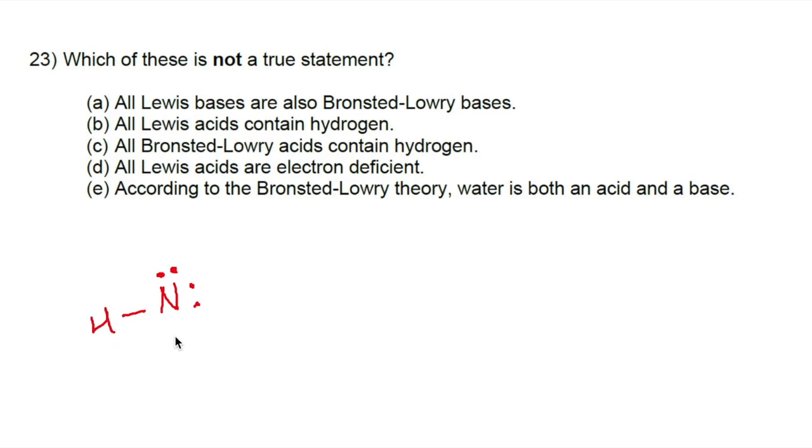Actually, not negative charges, but electron density. For example, that one is both a Lewis base because it's electron dense and a Bronsted-Lowry base. It's ready to go and get the protons.